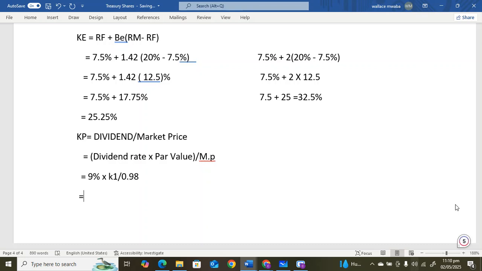So 9% of one kwacha is 0.09. Okay, so 0.09 divided by 0.98, what do we get?